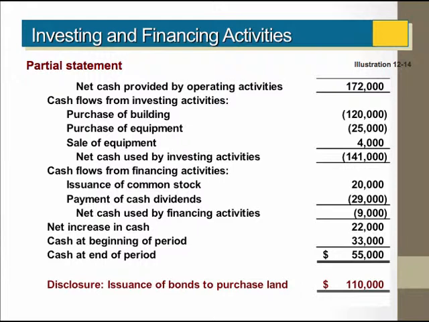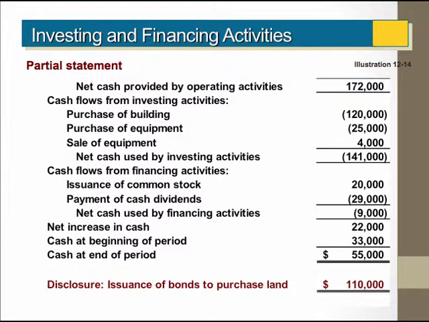However, if I sold equipment for $4,000, I'm going to show that cash went up by $4,000. When I issue common stock for $20,000, cash goes up by $20,000. When I pay a dividend, I'm paying cash out to satisfy the dividend, so therefore cash goes down.